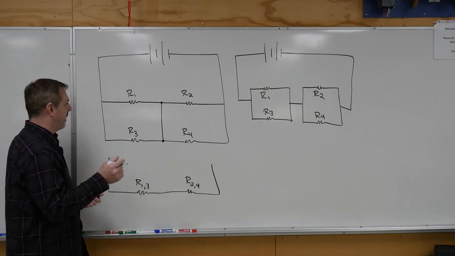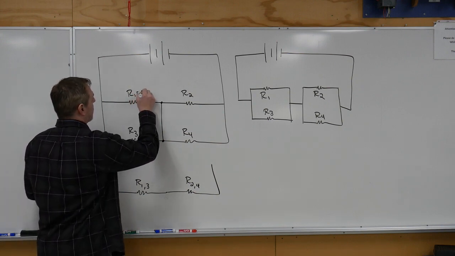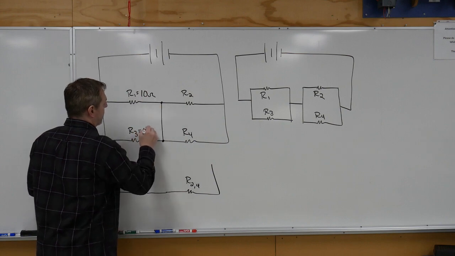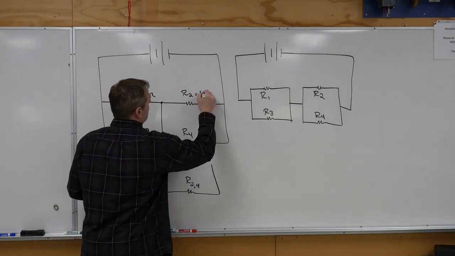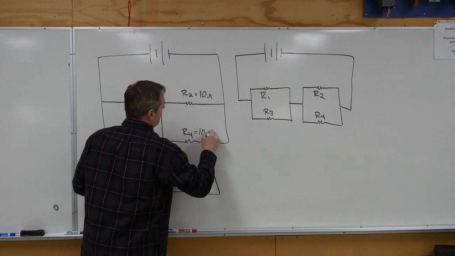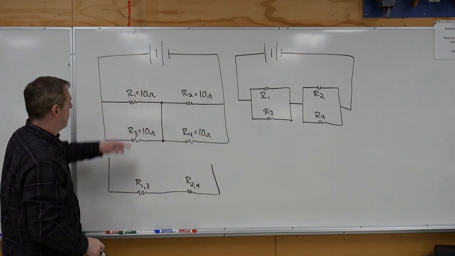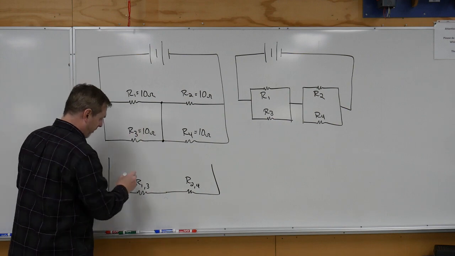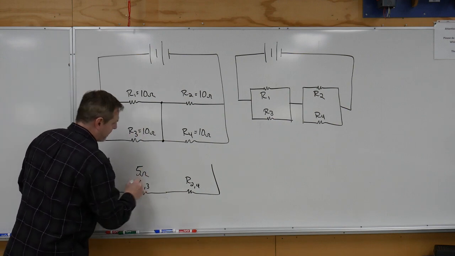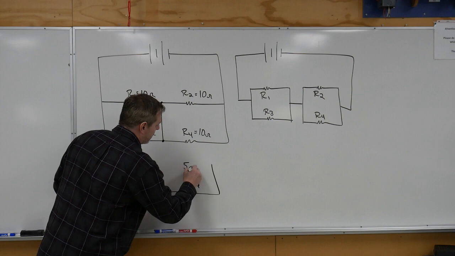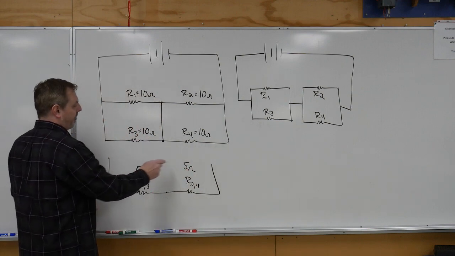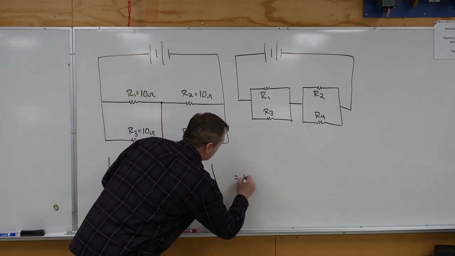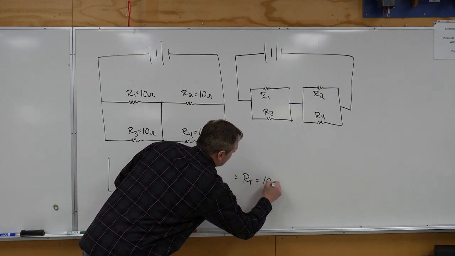Now, if I apply values here, we're going to give each of these 10 ohms to start with. So, reciprocal relationship with these, that would be 1 over 10 plus 1 over 10, giving us 5 ohms apiece. 5 plus the 5 would give us an R total of 10 ohms.